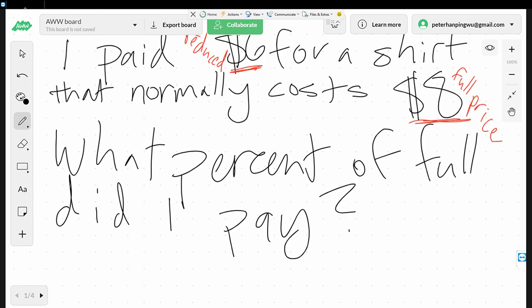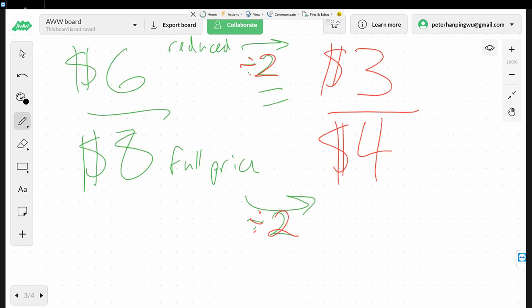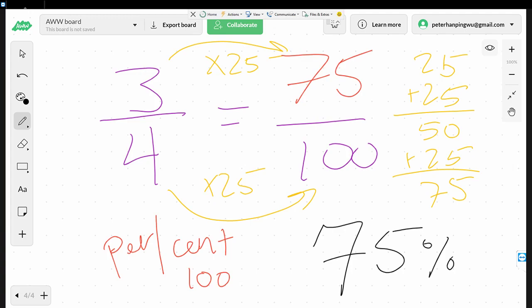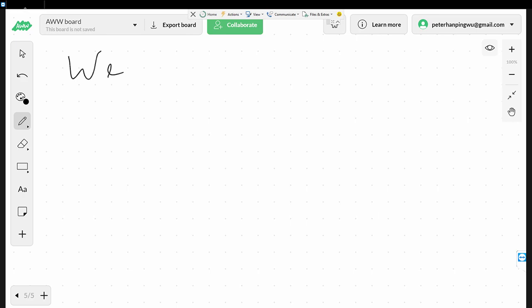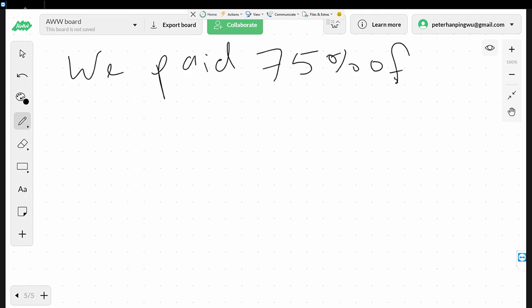Now, this question is actually a little bit different than the question in your homework. The question in your homework asks, what percent discount did you get? So we paid 75% of the full price, but if we're asking for what percent discount, there's one more step. What percentage is the full price?